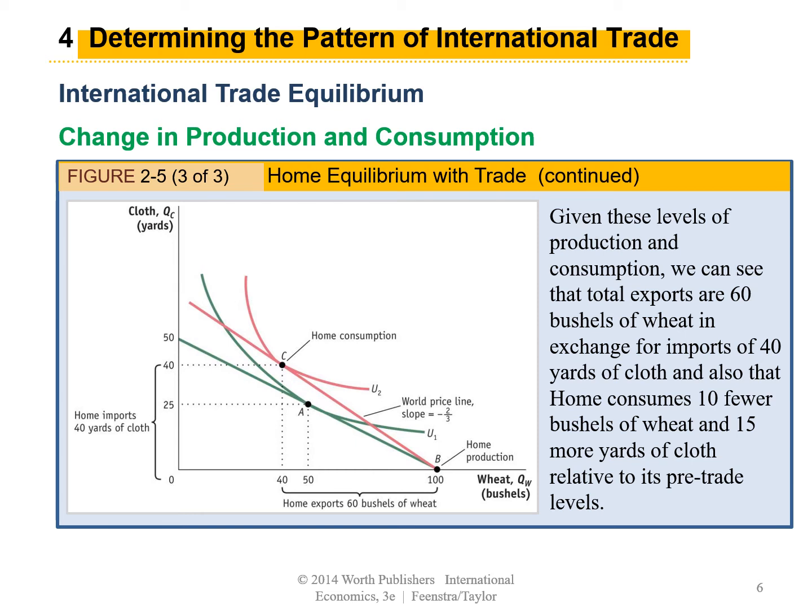And 60 units of wheat have been traded, sold to the foreign country at the 2/3 terms of trade. And that's what moves the home country up the cloth axis to a value of 40. So the home country is at C, which is a better position than being at A in autarky.